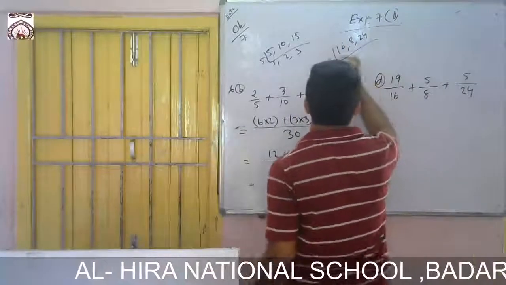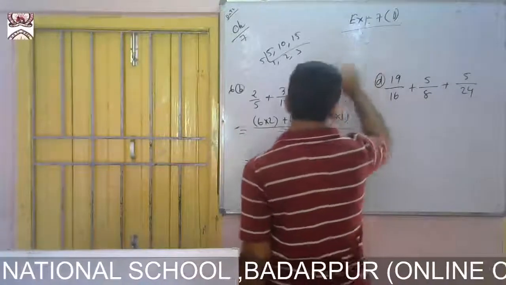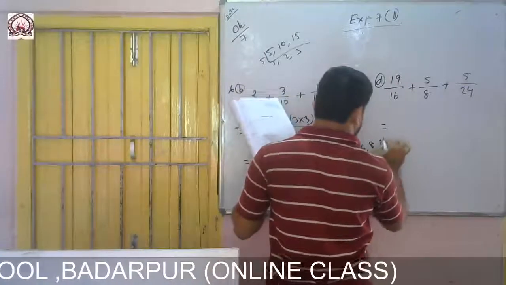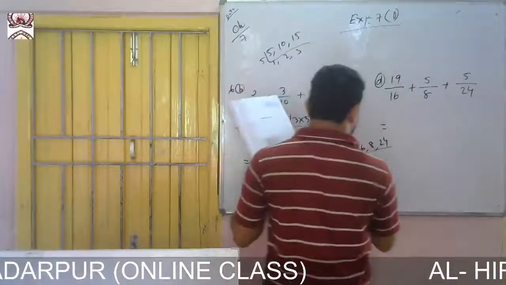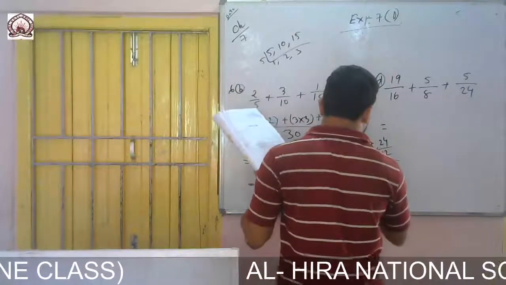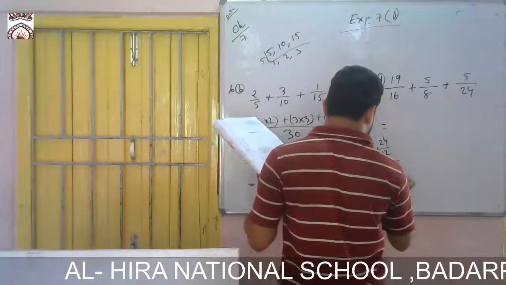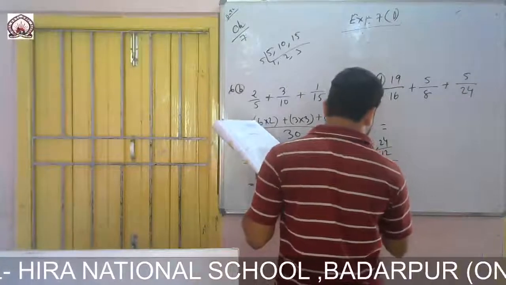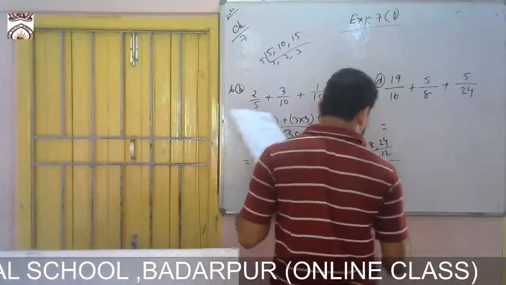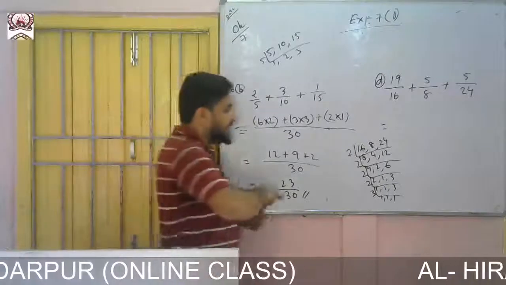Let us check the LCM. With 2 let us start, here with 16, 8, 24. 2 8s are 16, 2 4s are 8, 2 12s are 24, again 2 4s are 8, 2 2s are 4, 2 6s are 12, again 2 2s are 4, 2 1s are 2, 2 3s are 6, again 2 1s are 2, 1 remains, 3 remains, with 3, 1 will remain, 3 1s are 3.